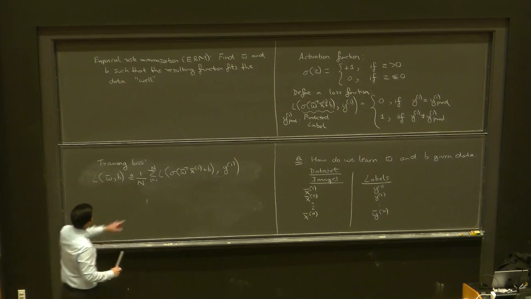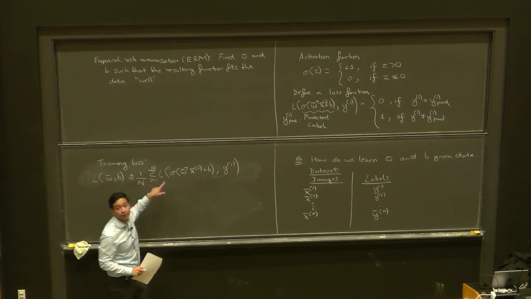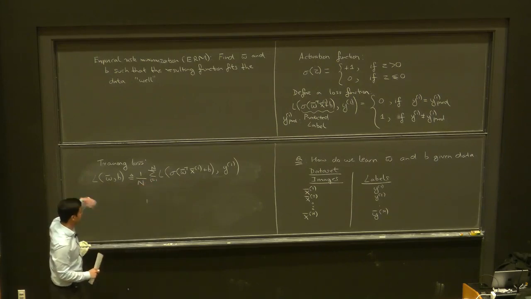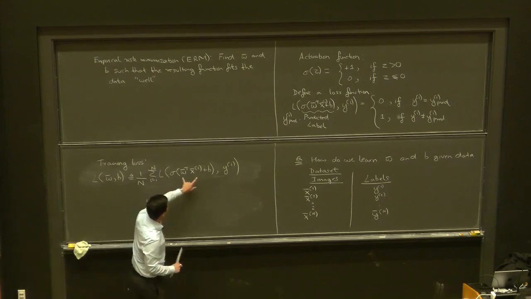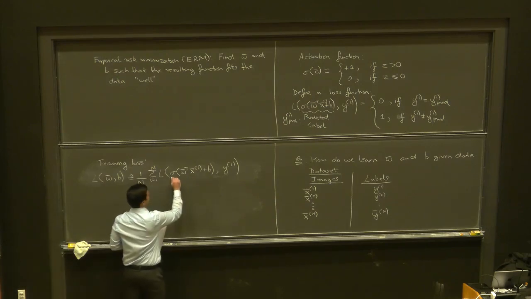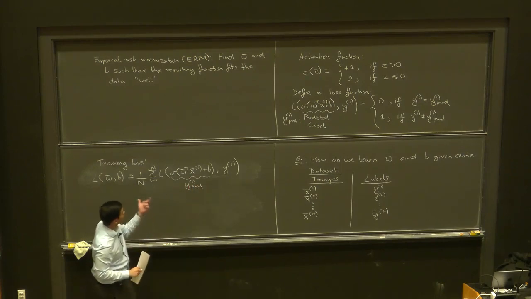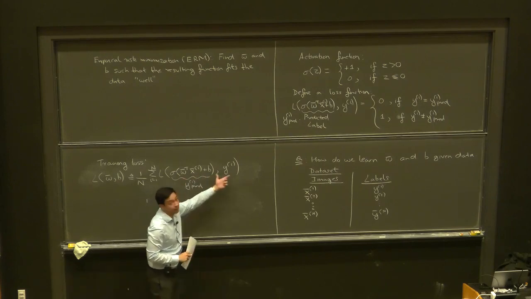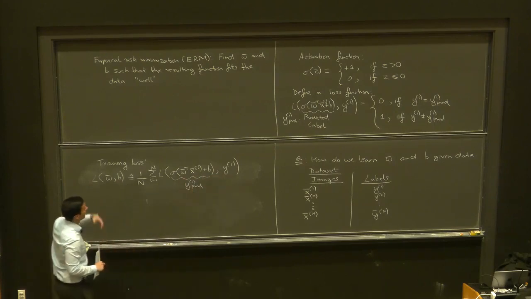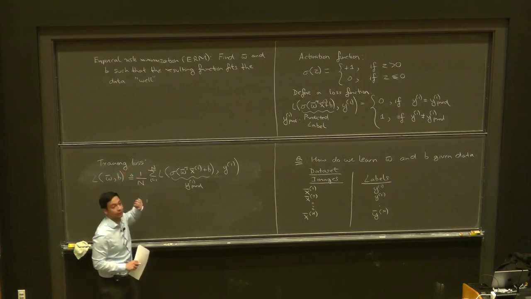Right, so we're looping over or summing over all the images in our data set. For a fixed W and B, if we think of this as the predicted label, like whether there's a pedestrian or not, we can compare that with the actual label. That gives us a loss that we average over the data set.